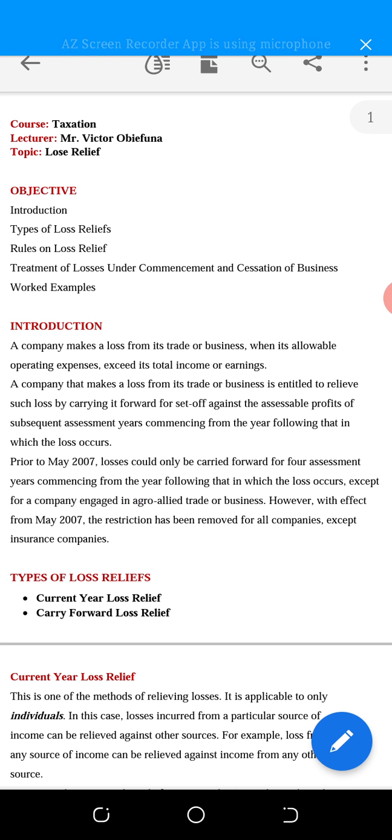That's to say, when a company incurs a loss, it is expected to carry the loss forward and set it off against assessable profits in subsequent years following the year the loss occurred.